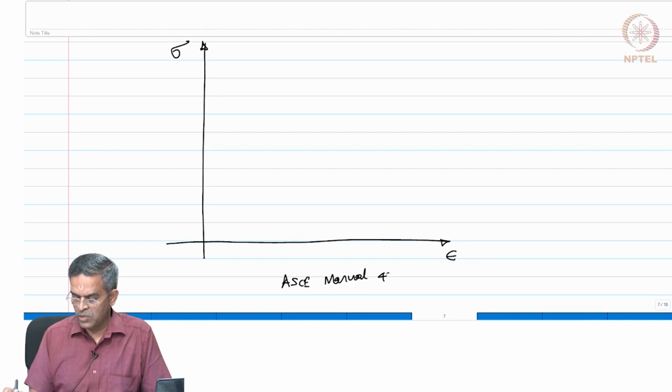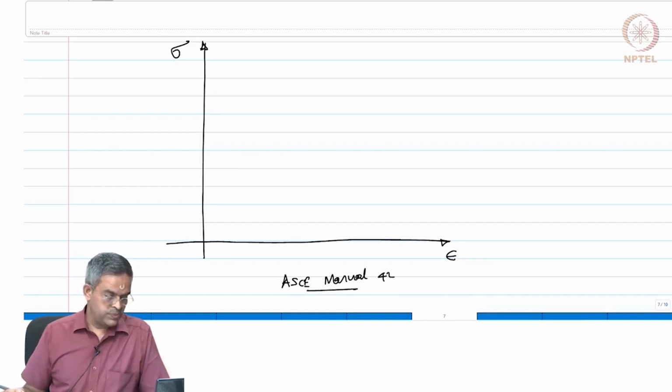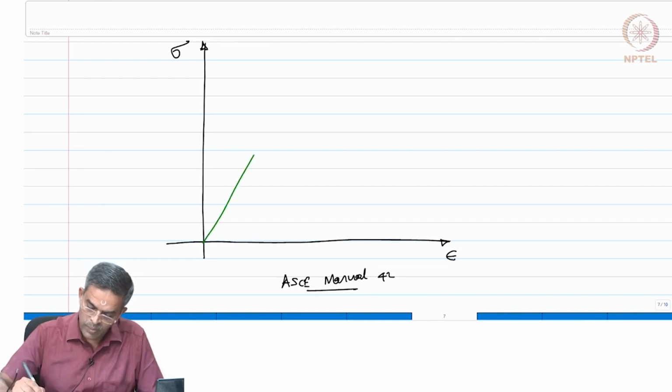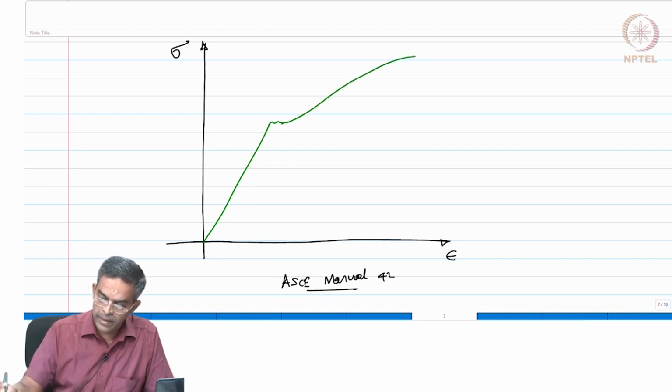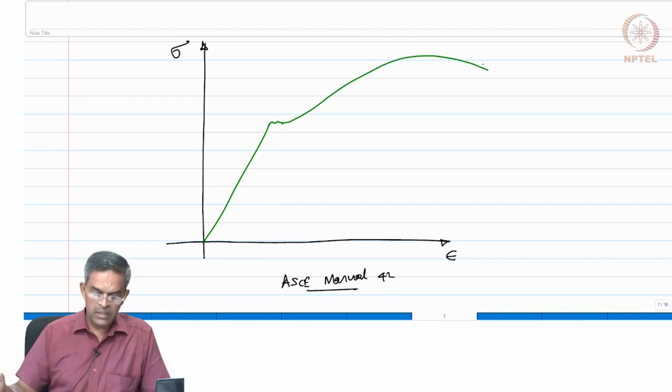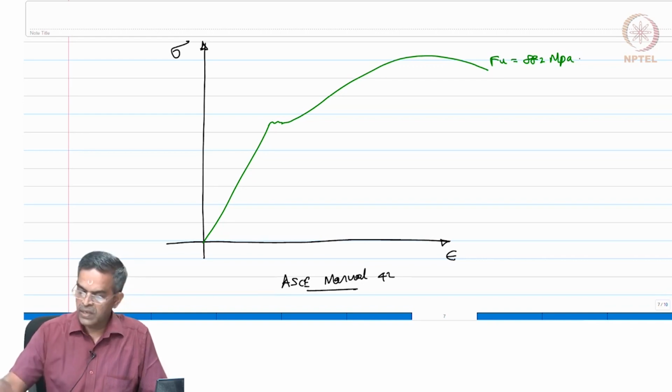I am just reproducing that here. It shows the initial slope with a small kink, and this is Fu 882 megapascal steel, called rail steel.